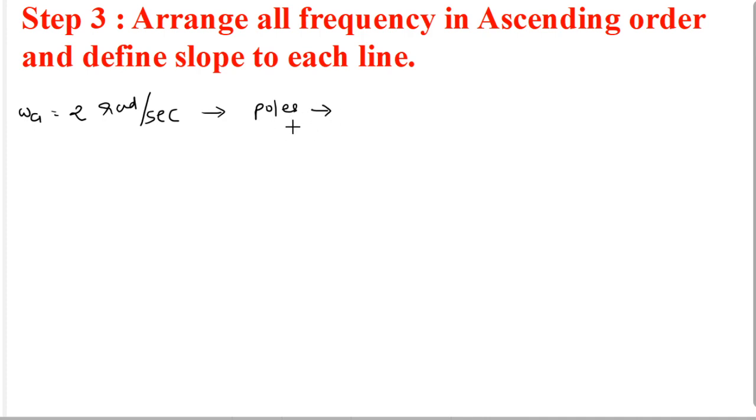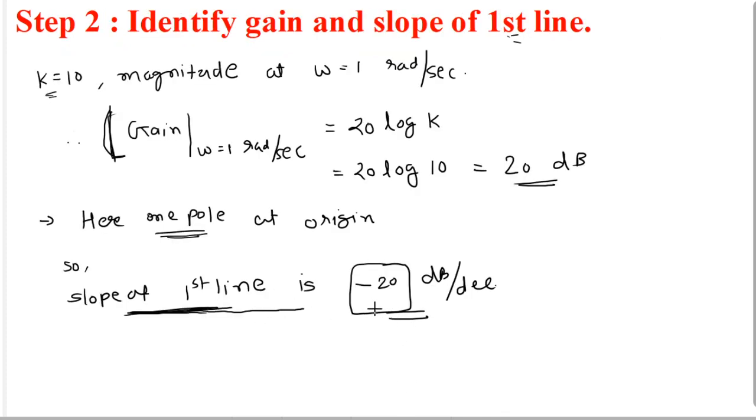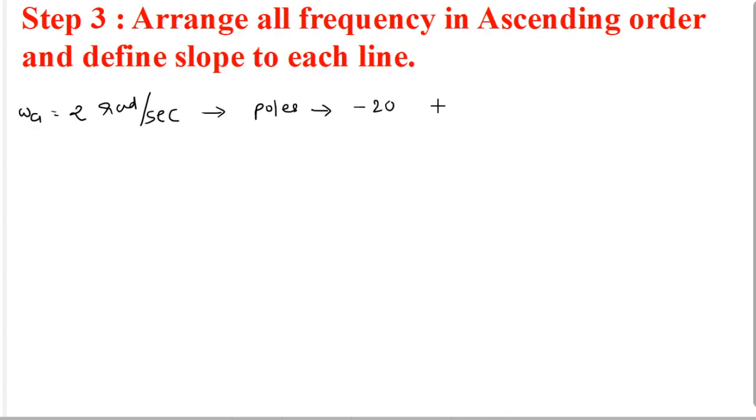Now if there is a pole, then I am adding minus 20 to the slope of the first line. If there is a pole, then I am adding minus 20; if there is a zero, then I am adding plus 20.